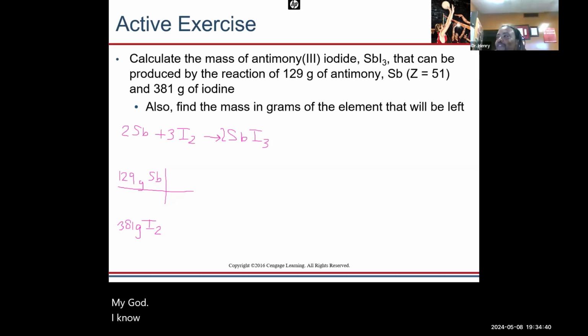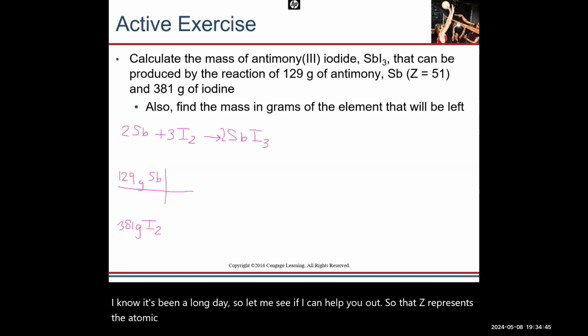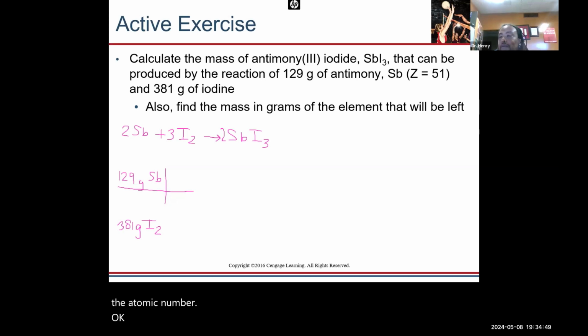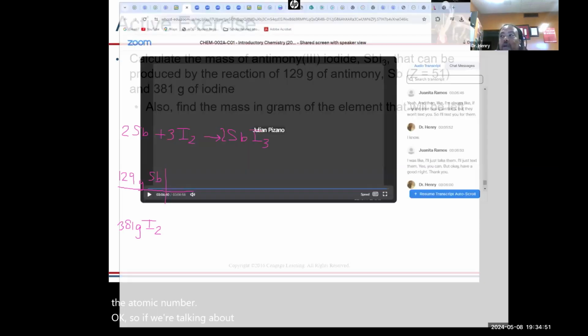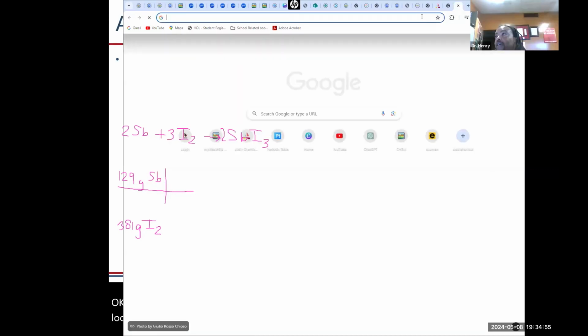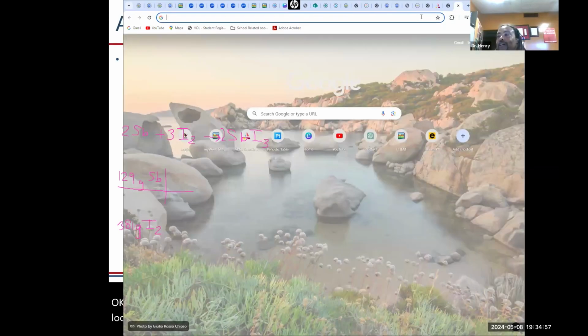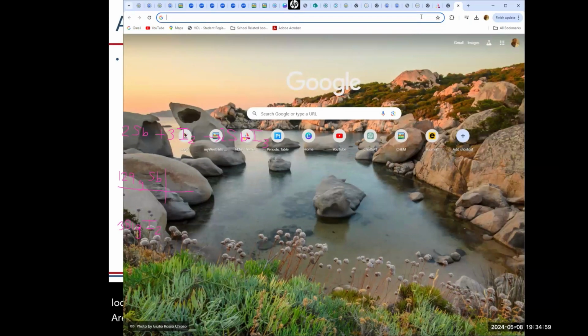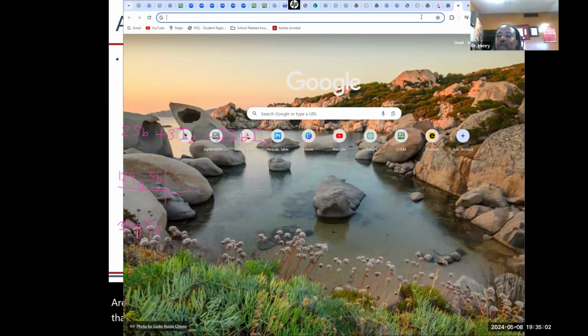It's been a long day. So let me see if I can help you out. That Z represents the atomic number. Okay. So if we're talking about the atomic number, we're probably going to be looking at the protons, neutrons, and electrons? Although that's what it tells us, there's something else. What are we going to do to find out about antimony based upon its atomic number?